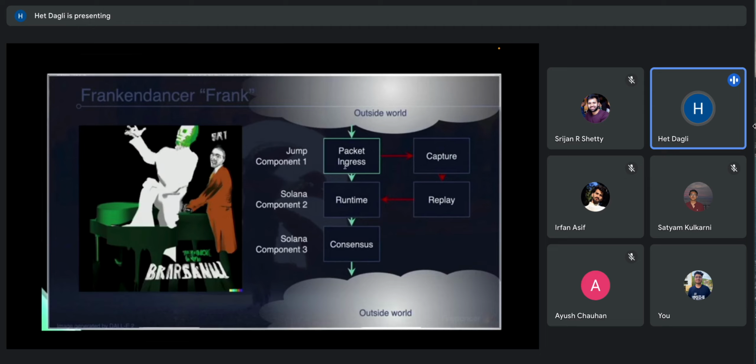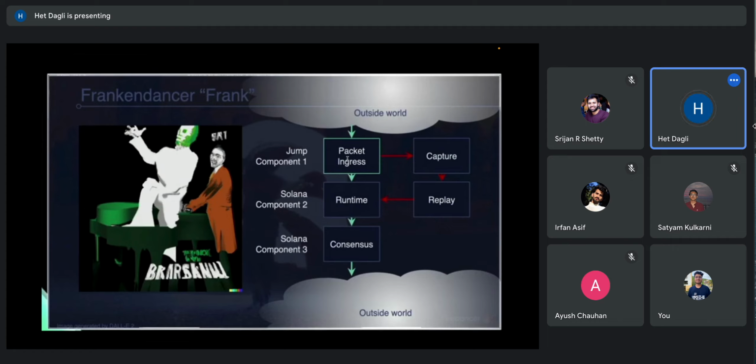Now, how they plan to progress is they will replace each one of these components one by one. The first component will be the packet ingress, and that's what they were talking about right now. They're calling this one component Frankendancer.